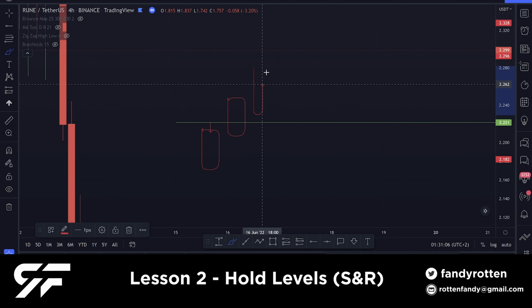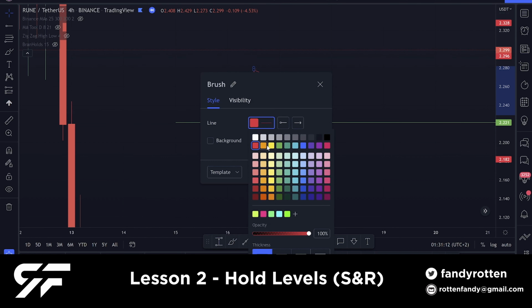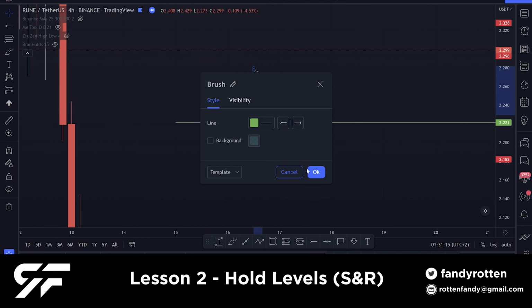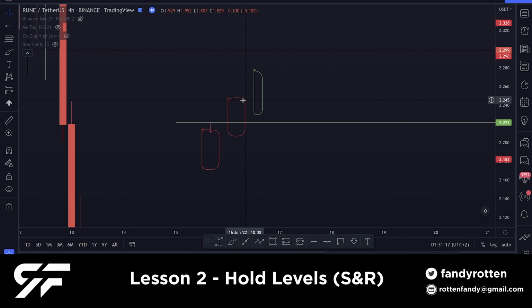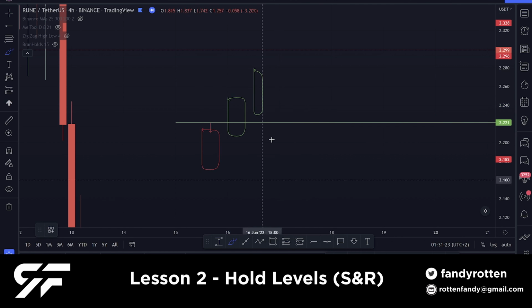Now if it looked something like this, we know that it is a hold without a doubt. However, if we had a wick sticking out like, oops, TradingView is going to be a pain with this one.